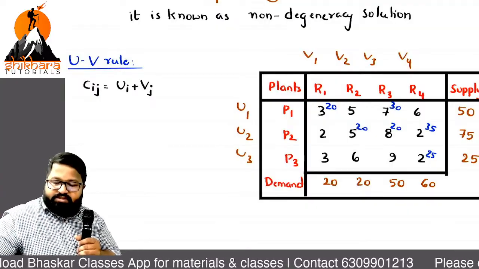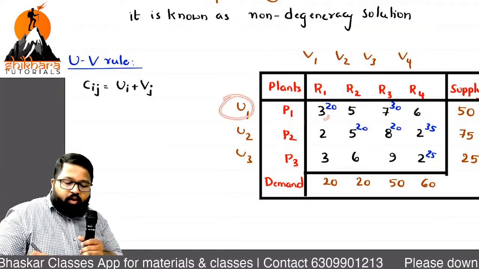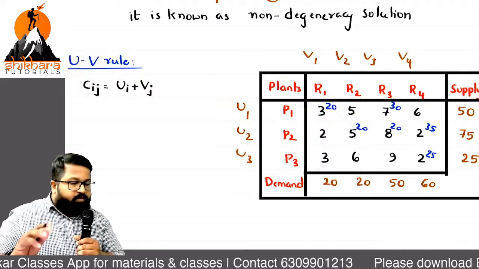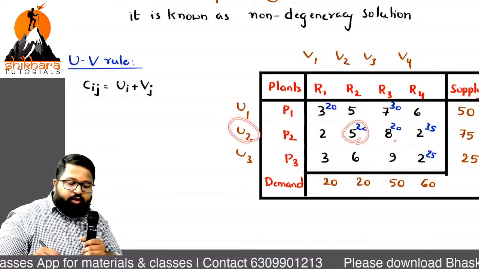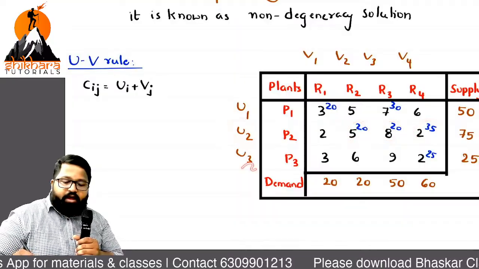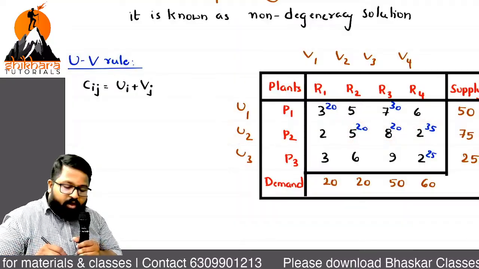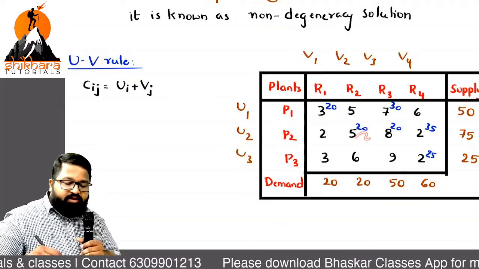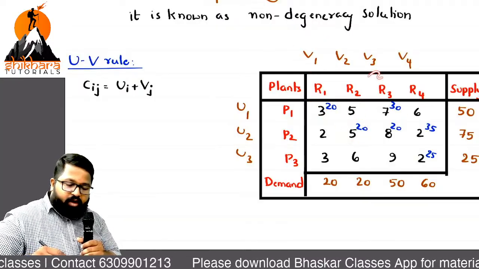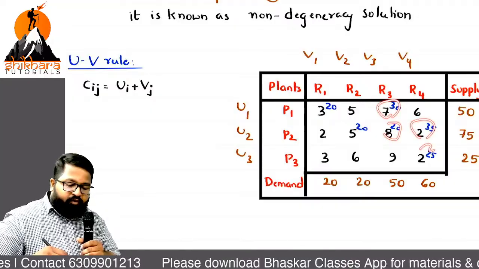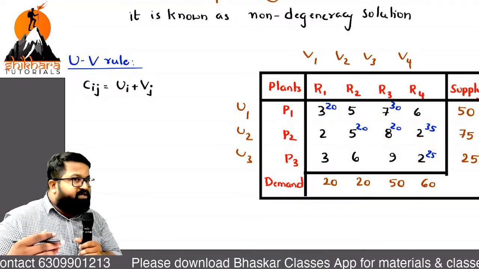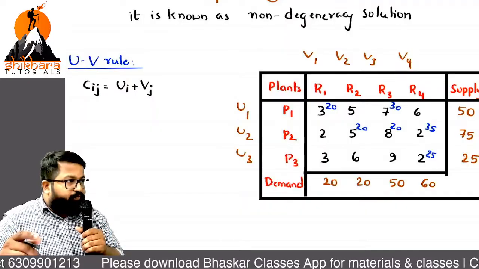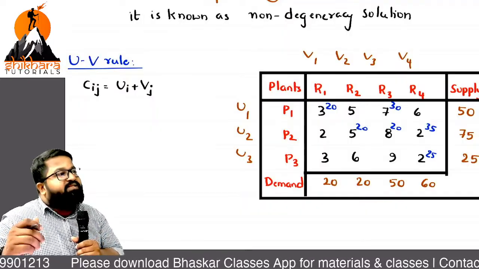For U1, 2 allocations are done. For U2, 3 allocations are done. For U3, only 1. For V1, 1. For V2, 2. For V3, 2, and V4, 2. The maximum number of allocations is in U2 only, so for that value you can take it as 0.